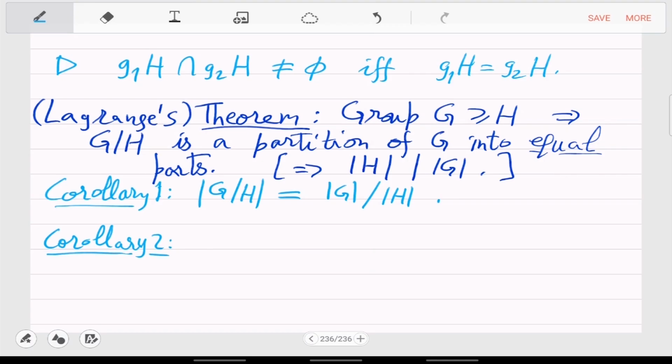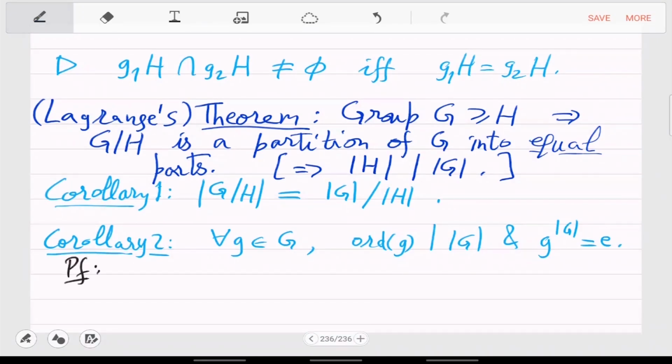This will give you the theorem that we had left unproved, which is that for all elements in the group, the order of the element divides the size of the group, and hence g to the order of the group is identity, always.